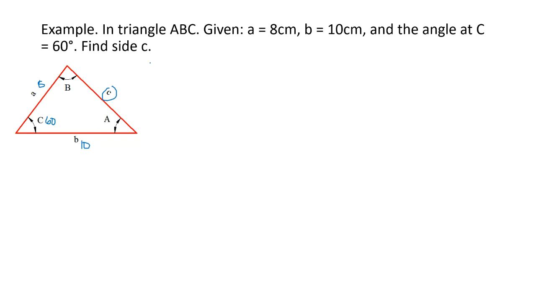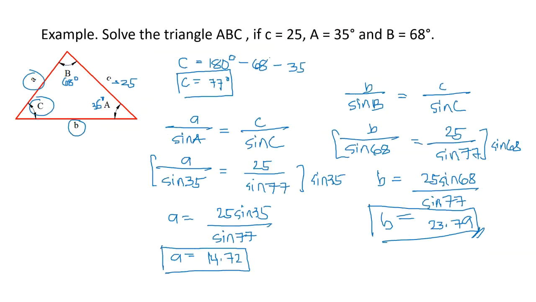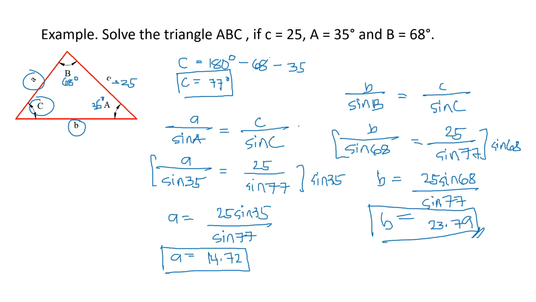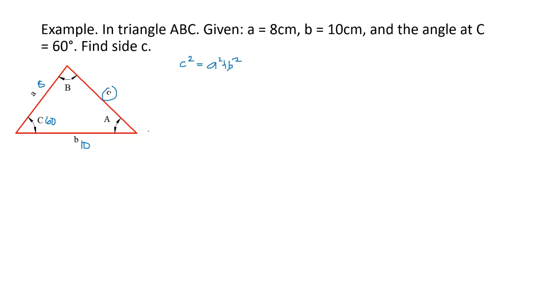If you have remembered, that is equivalent to A squared plus B squared minus 2AB cos C. So we can use this formula.